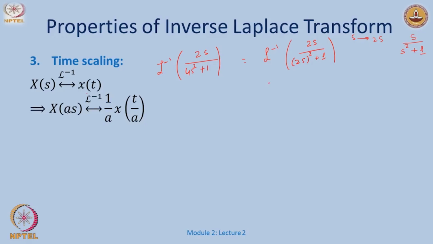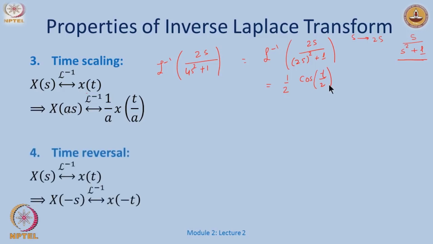So, this will simply be 1 over a. What is a? A here is 2, so 1 over 2. Now, this is the inverse of the original signal, cosine of t, now with t replaced by t over 2. Okay. That is a simple way of computing this.